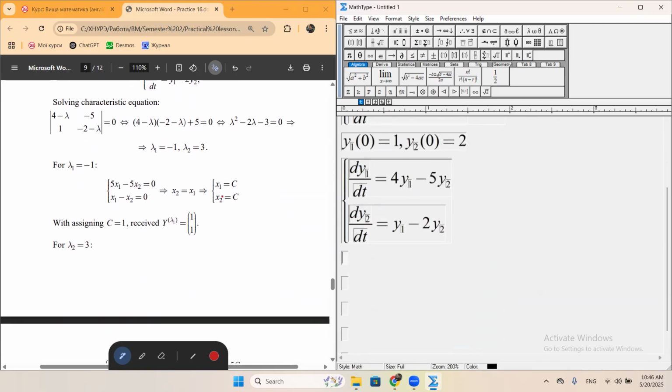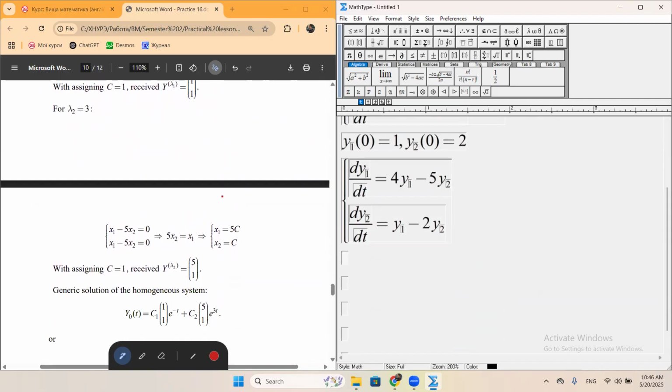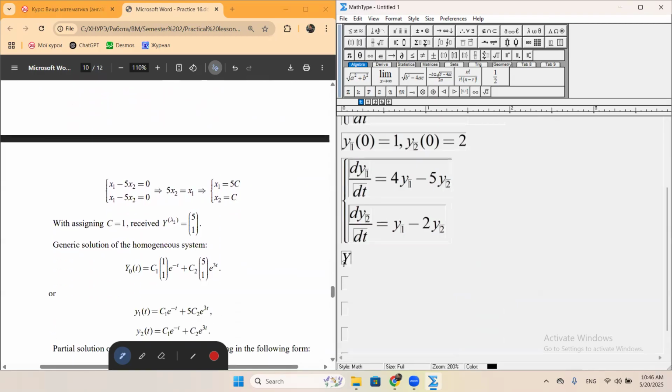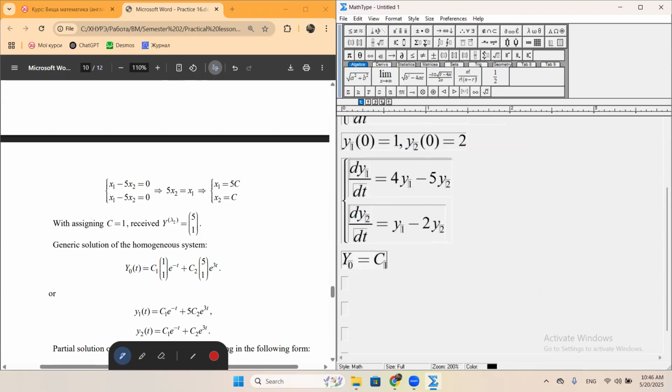Okay, I will skip all calculations, and I will receive here that y homogeneous of t will be equal to C1 multiplied by the vector (1, 1) e to the power of minus t plus C2 multiplied by the vector (5, 1) e to the power of 3t.